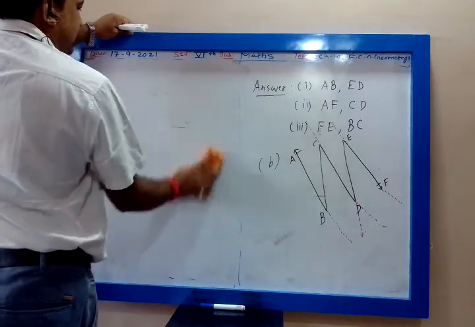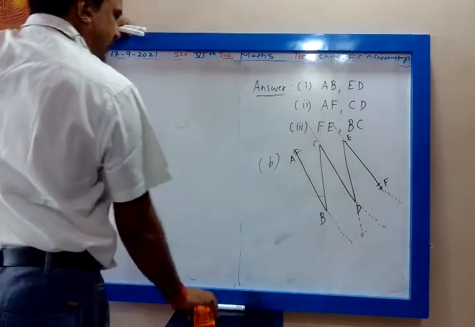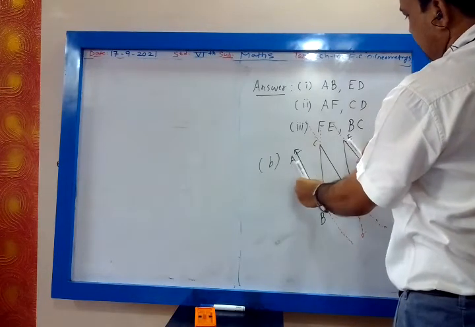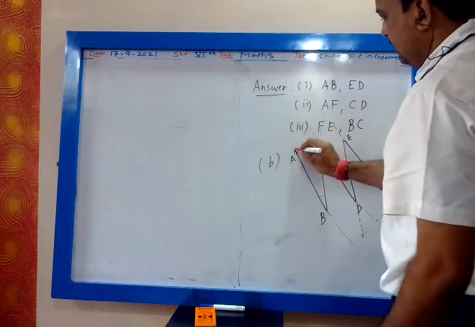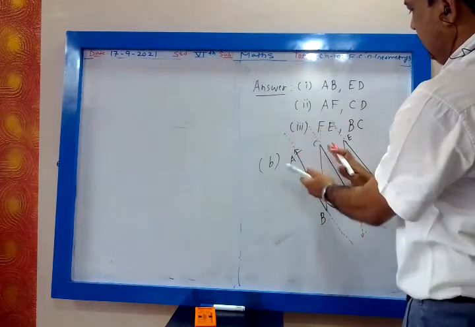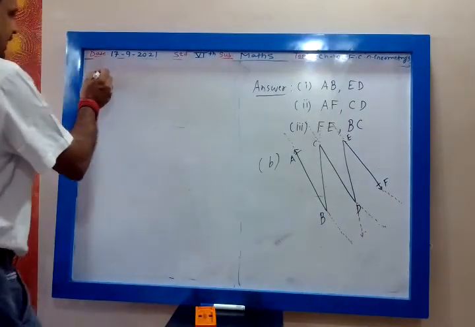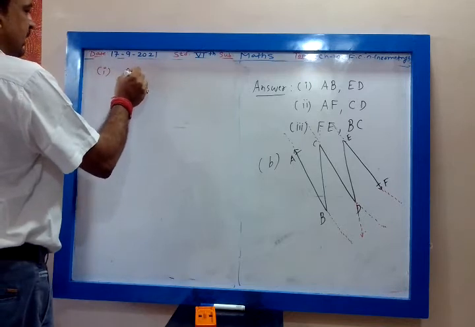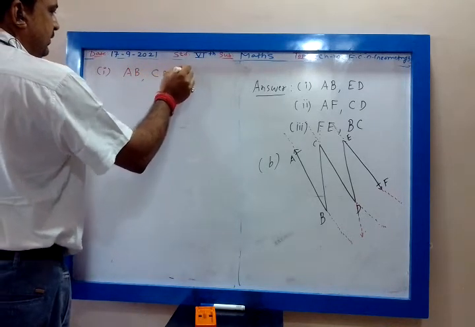So first, if you see AB, CD and EF, yes or no? AB, CD and EF are all parallel lines. So we write first AB, CD and EF.